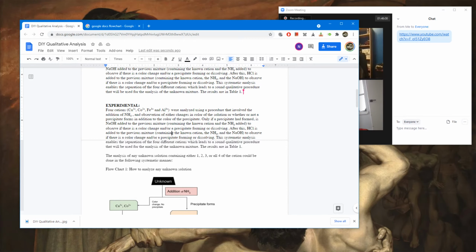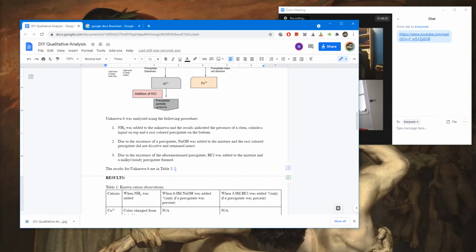In the part that says your report, it says first in your report you should include the experiments you performed on the known solutions and their results. Then the detailed set of procedures that can be used to analyze any unknown. And the last thing, our analysis of the unknown.